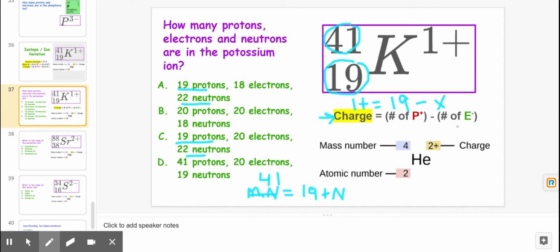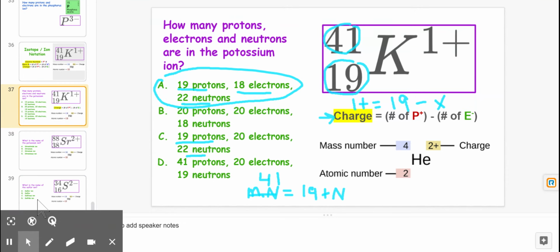Well, 19 minus 18 equals plus 1. So we have 18 electrons. So our answer is A. So that's how you can solve a question asking you about the protons, electrons, and neutrons.